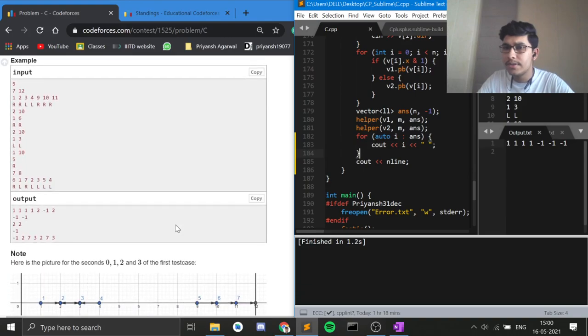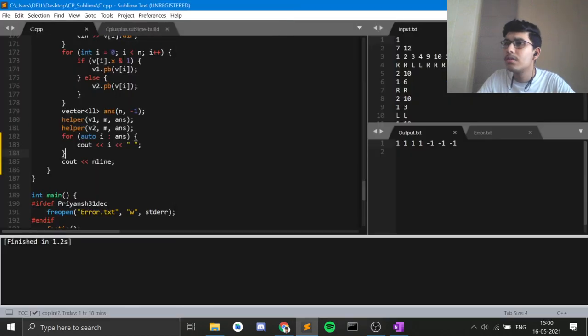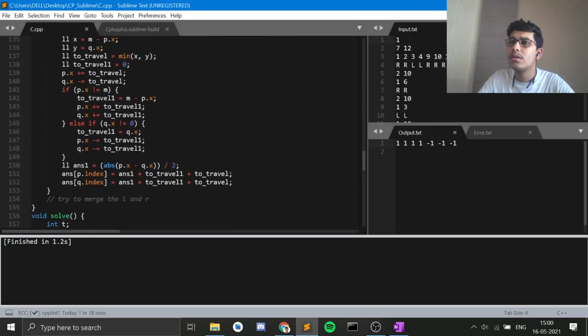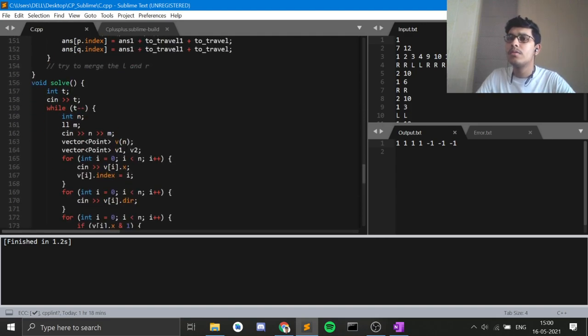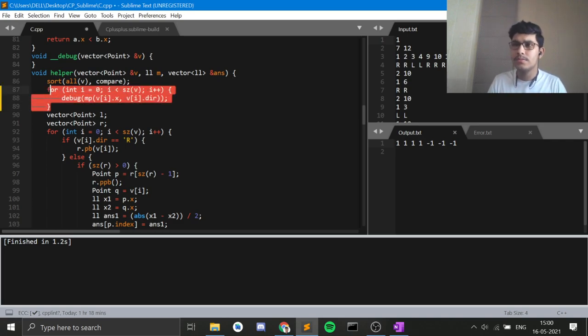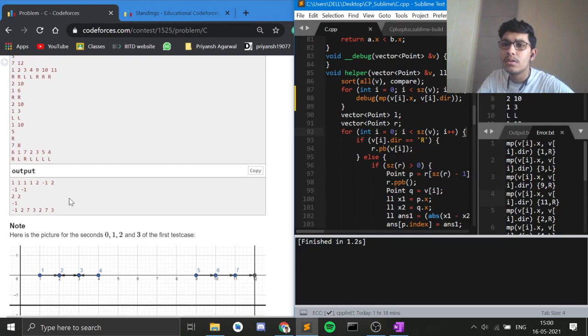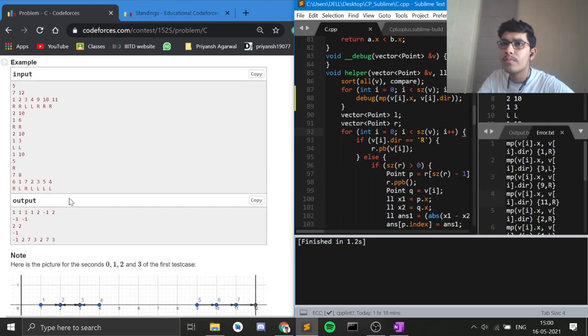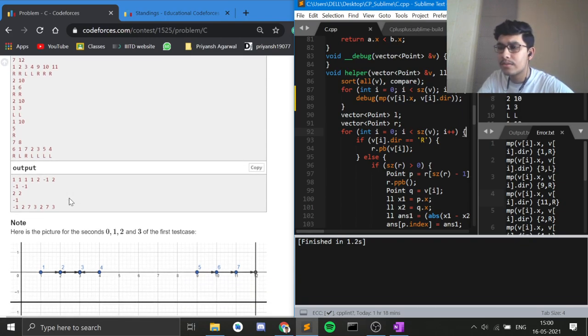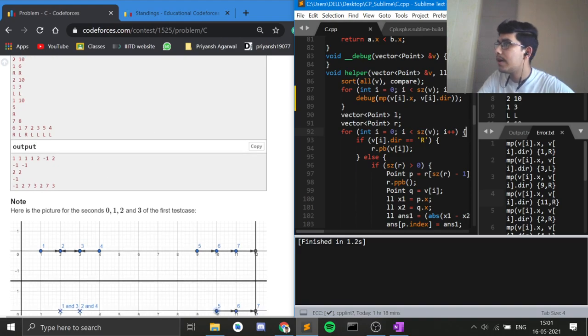So it is showing -1 for that case, right? This is 5 and 7. So let's try to do this. So we don't have 5 and 7 here. Which case are they talking about? Okay, 9, 10. They're talking about 9 and 11.